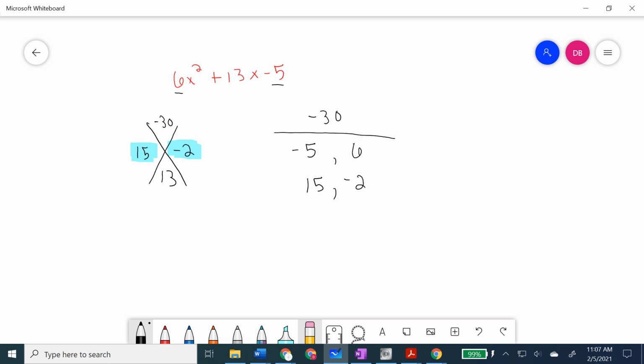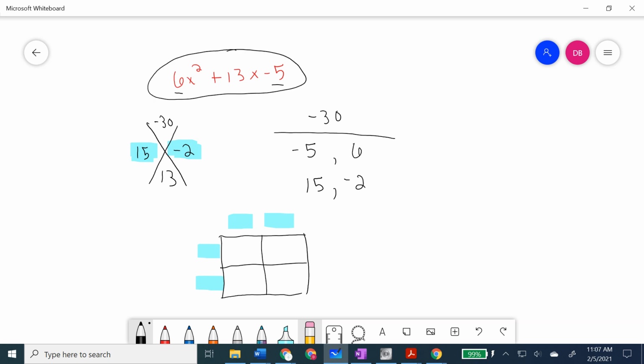But that then takes you into the box method. With the box method, you're going to figure out what the factors are. The factors are going to end up being what come into these 4 spots. You're going to take this polynomial, and the upper left corner gets the x squared term.